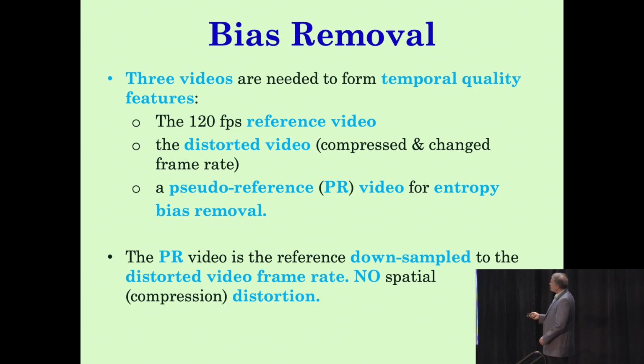So we assume a 120 frame per second reference. The pseudo-reference is just that reference signal downsampled to the same frame rate as the distorted video. So we have a reference, we have the distorted, and the pseudo-reference downsampled to the same frame rate as the distorted video. Okay? Why do we do that?